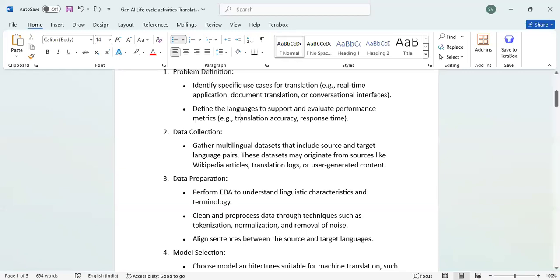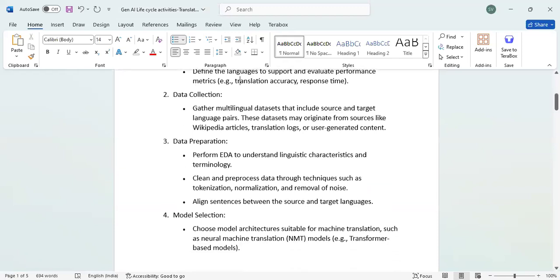Those come under data collection. These data sets may originate from sources like Wikipedia articles, translation logs, or user generated content. It can be blogs also. Blogs can be converted into different languages, right? So this is the data collection we need to do.